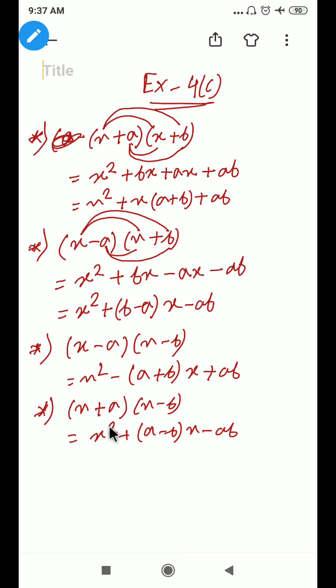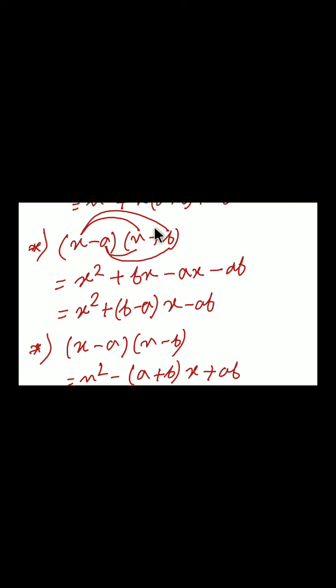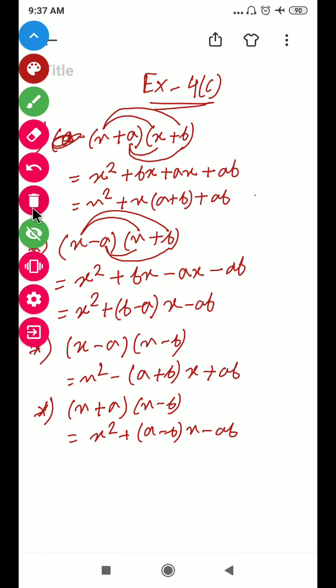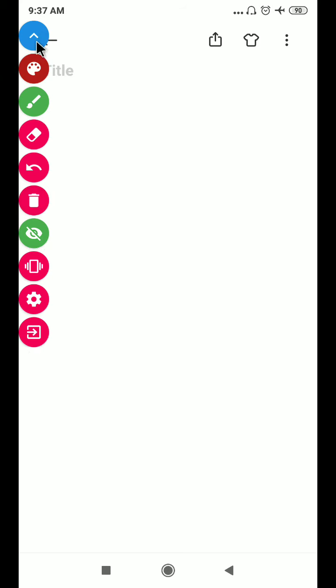Now go to our next formula. So this formula is very important.